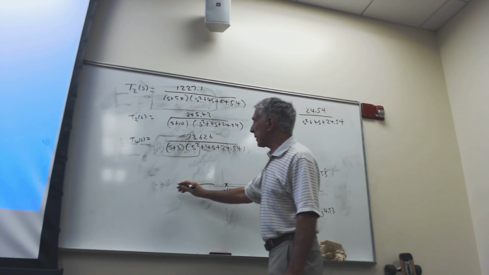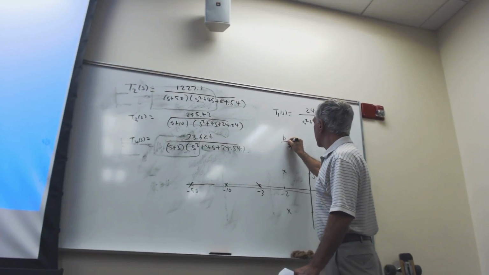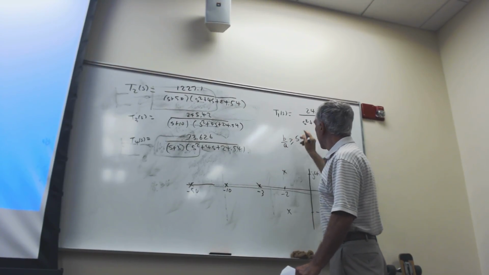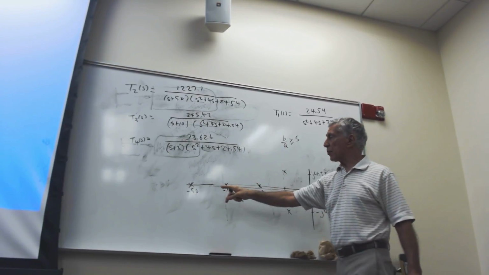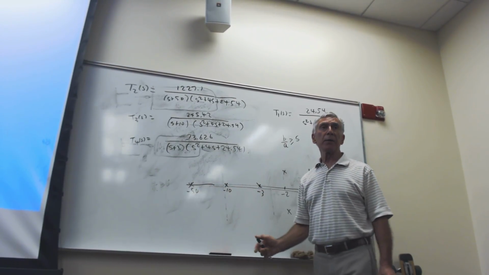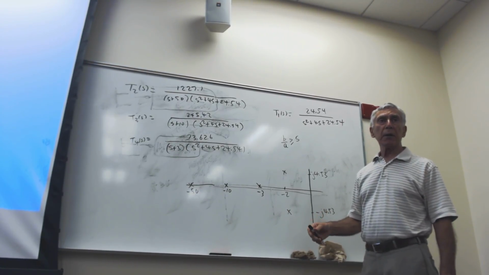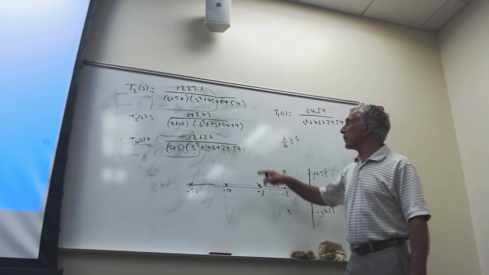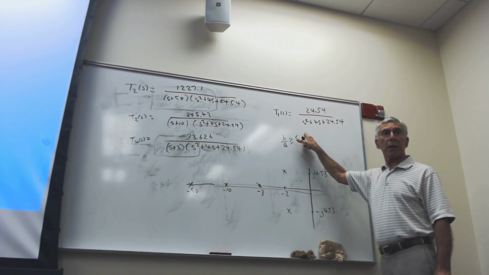What I said was that when I drew that diagram, the ratio of B to A should be greater than or equal to 5. It is 5 for this case here, but it's 25 for this case here, right? So you would expect the response of this system here to be most closely matched to this.